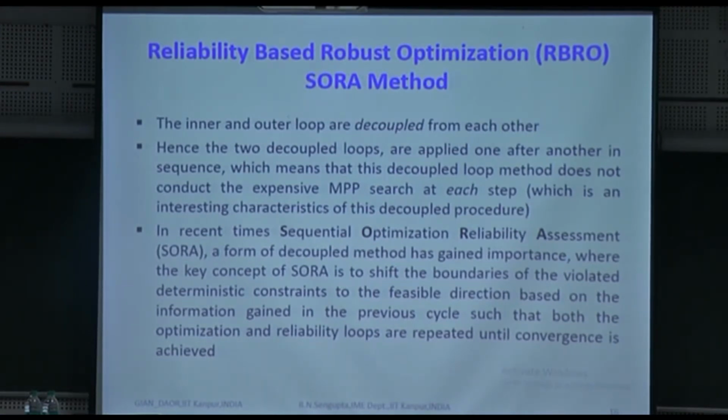So the inner and outer loop, which is basically the optimization stage and the reliability stage, are decoupled from each other. So they can be run in parallel. As you are doing the optimization, you also check whether the answer is reached. That means at each step you do not have to run both the loops.